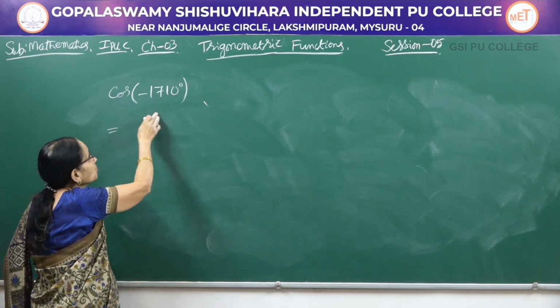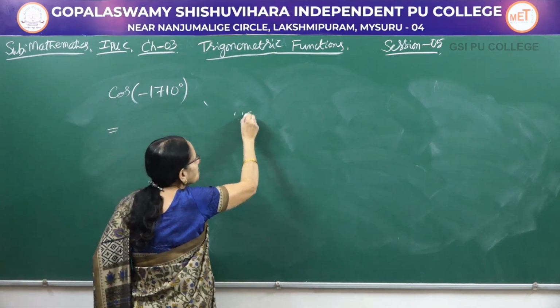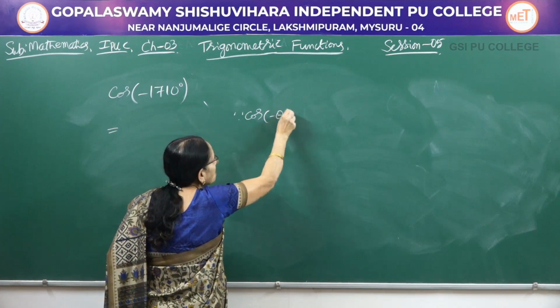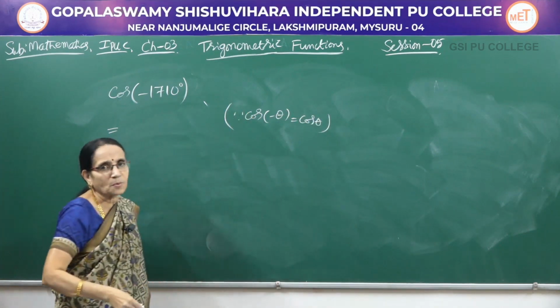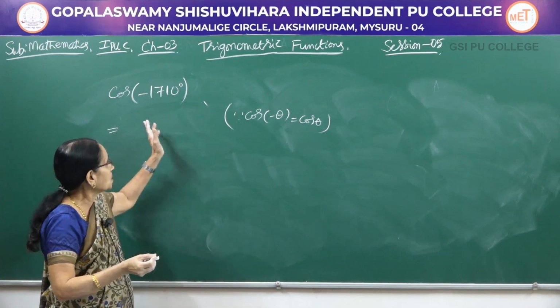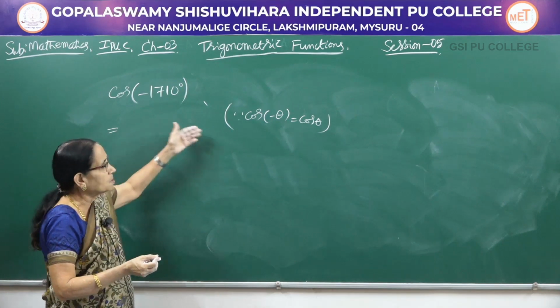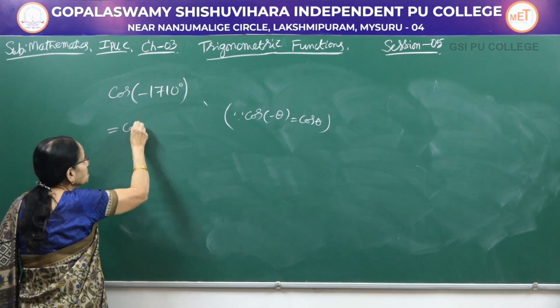You know that cos of minus theta is cos theta. If you want, you can give the reason in the working column. Cos of minus theta is cos theta. In the previous problem also you could have written cosecant of minus theta is minus cosecant of theta. Whatever you have written is an explanation for having written this particular step.